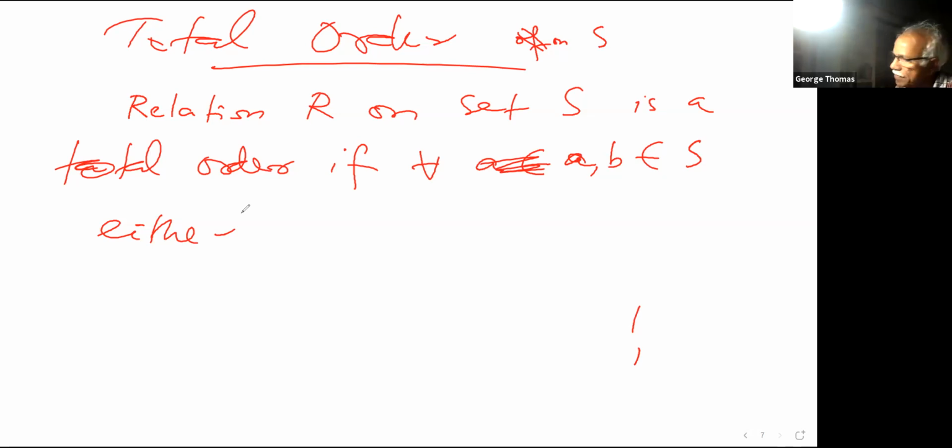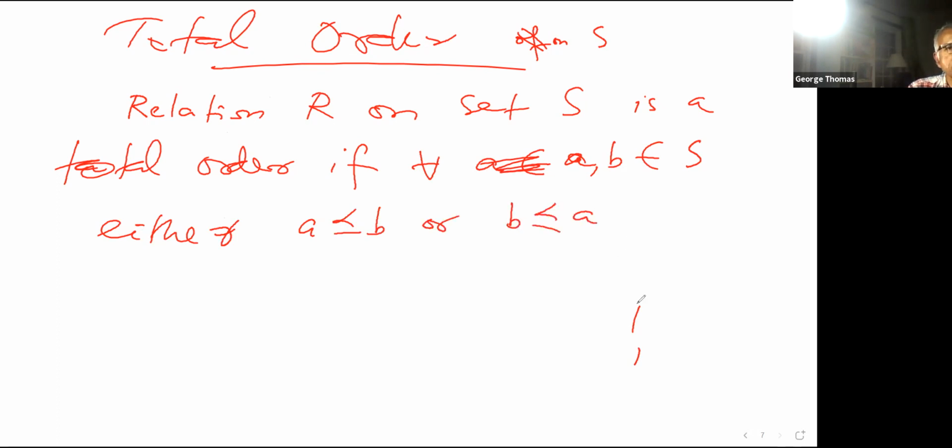A total order on a set. Yes. If for all A, B in S, either A less than or equal to B or B less than or equal to A. Let me check if that is correct.